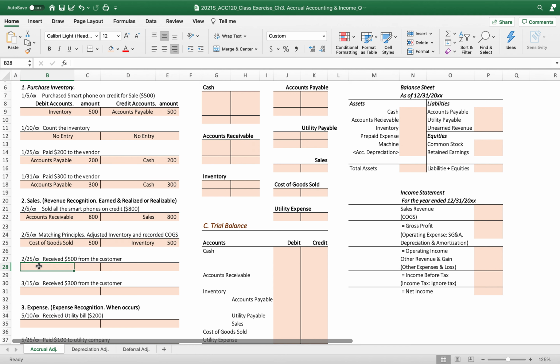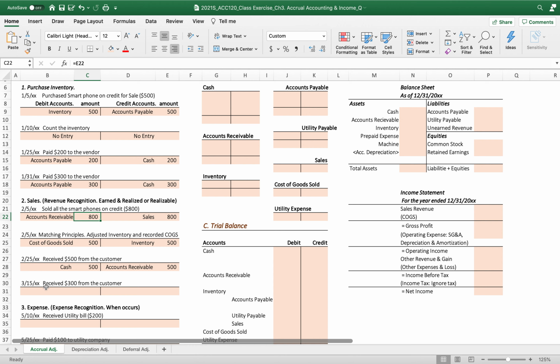Okay. Now received $500 from the customer, because the sale the company made was on credit. Now is the time to receive cash. Cash collection, 500. Once the company received the cash, this accounts receivable is no longer an asset to receive cash, but still $300 of accounts receivable remained on the balance.